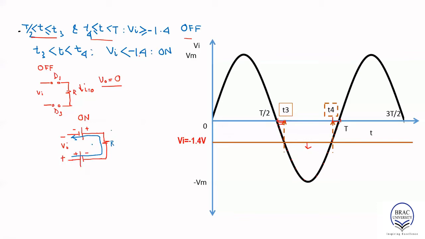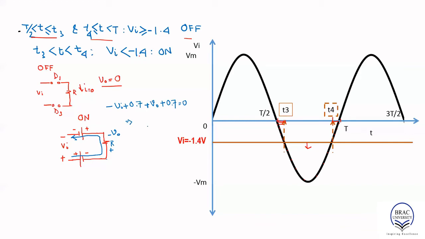So the voltage V naught, so this is the minus. Now if I apply KVL, then we get minus Vi plus 0.7 plus V naught plus 0.7 equals 0.